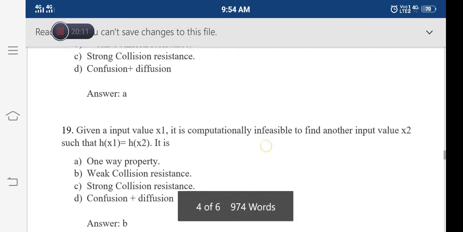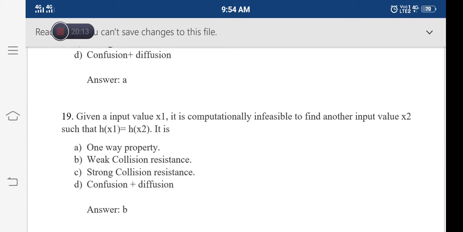Similarly, now I have one input x1 and I also have the hash value of x1. Now it is computationally infeasible for me to find another input x2 such that h of x2 equals h of x1.